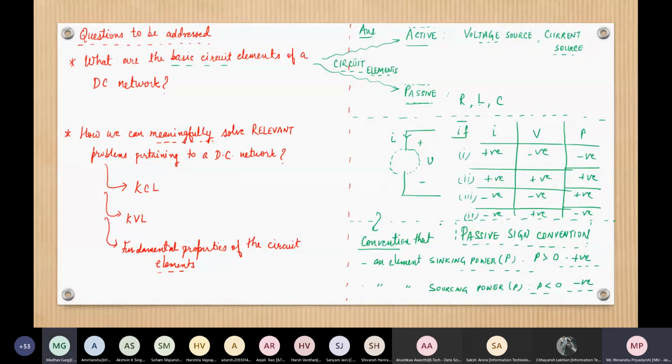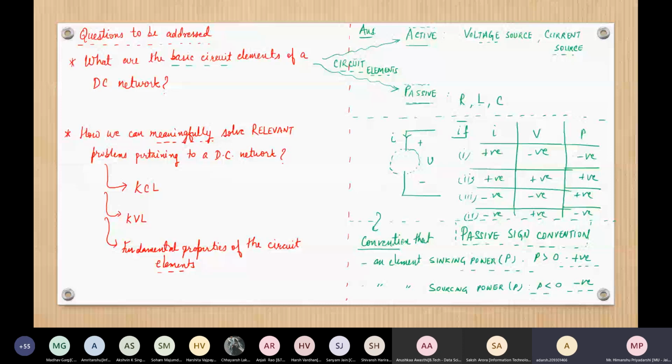Excuse me, sir. Yes, dear. How is it for the second? Because current increases in the direction, sorry, potential decreases in the direction of current. So it should be negative when the current is positive, and vice versa. So case 2 and case 3 are not possible.